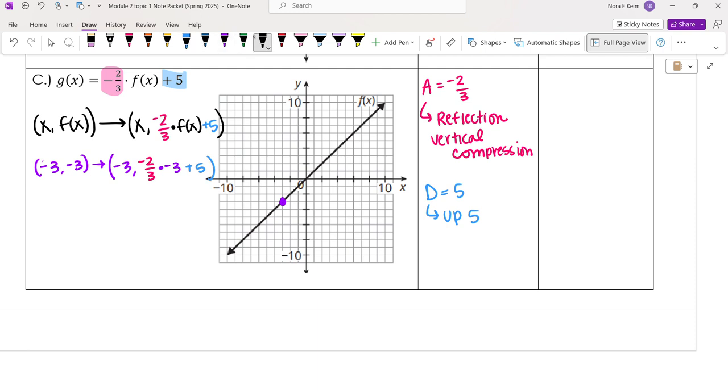So this is now going to give me a new point at negative 3, comma. Well, negative 2/3 times negative 3, if I plug that in my calculator, is going to give me 2 plus 5. So if I take that one step further, I should now have a new point at negative 3, 7.